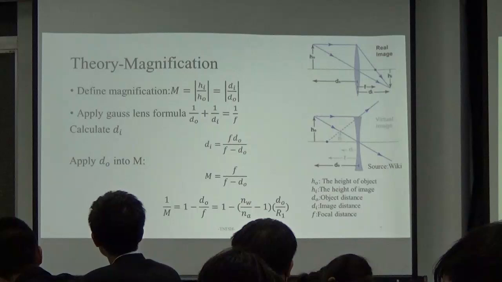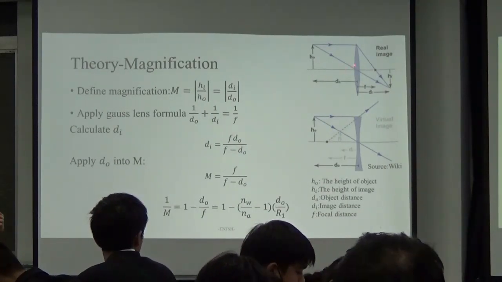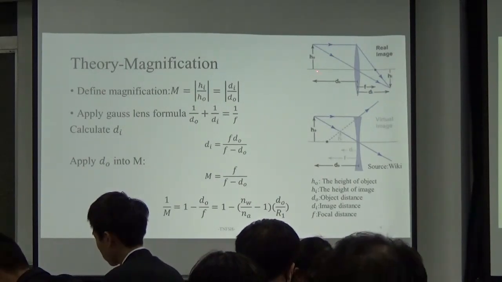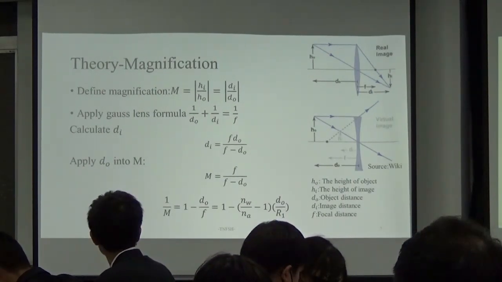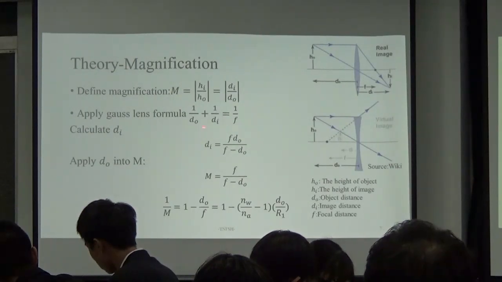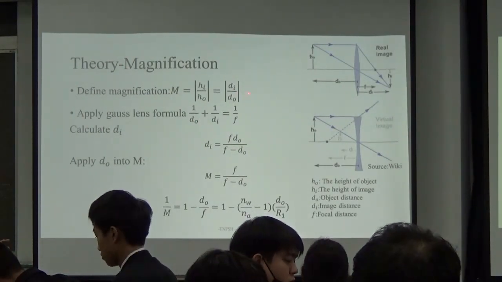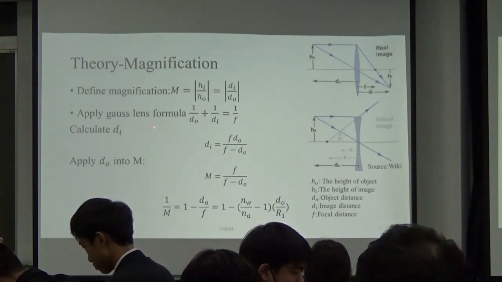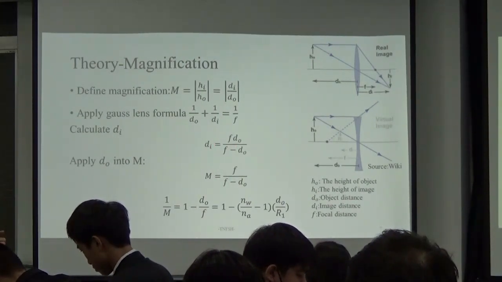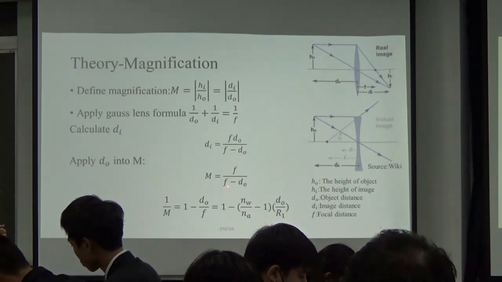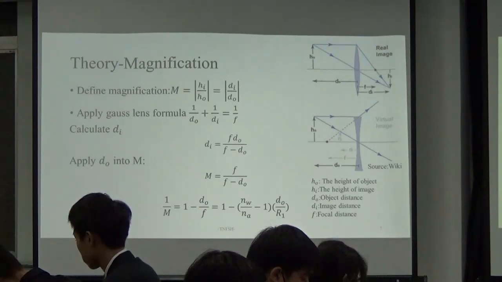So we can know that the magnification is the ratio of the height of the image and the height of our object. So we can apply the Gauss lens formula, just like this, where these are the distance of the object and the distance of the image. We can calculate the distance of the image, and we can rewrite our formula to this and going to this.